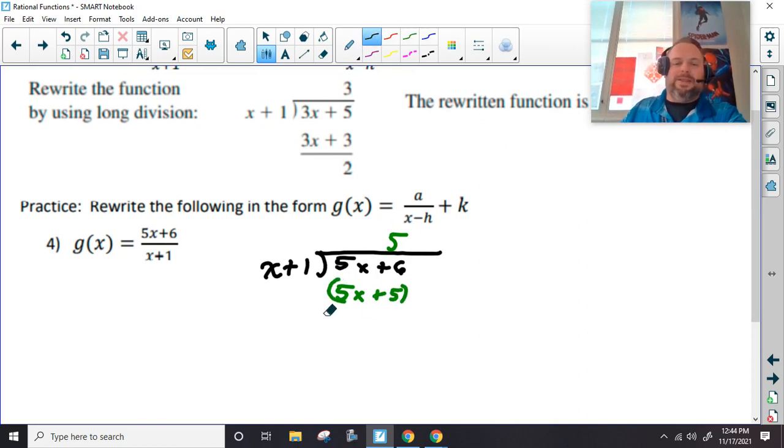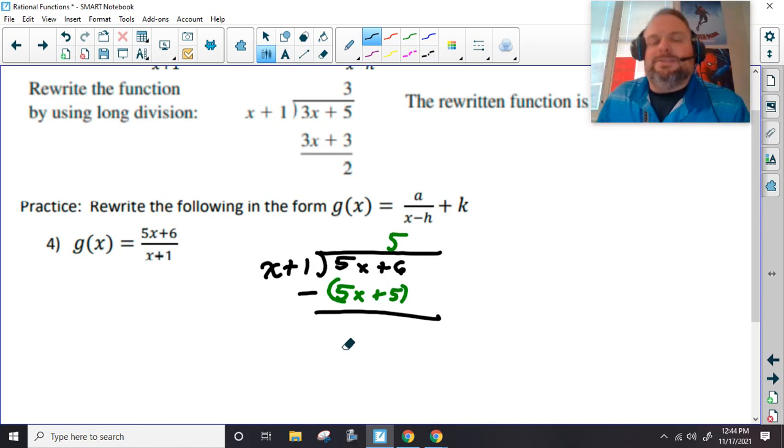Nobody caught this in second block, but remember when you do long division, what operation are you doing down here? Subtraction. So, 5x minus 5x, those go away. And then 6 minus 5 is 1.